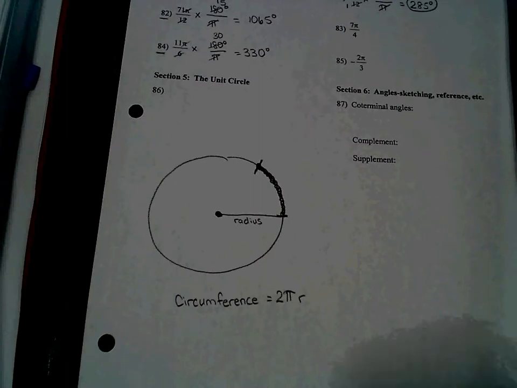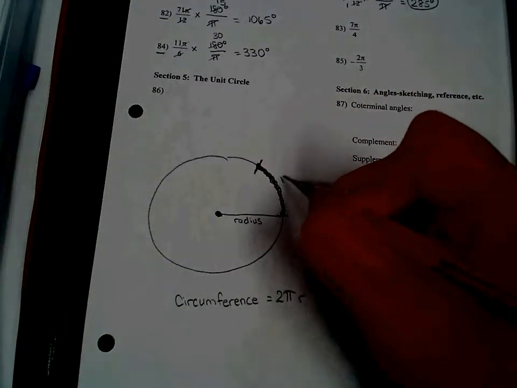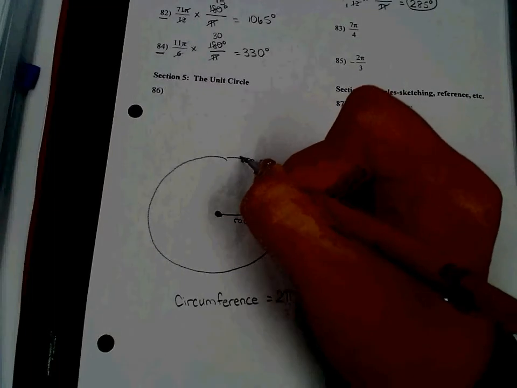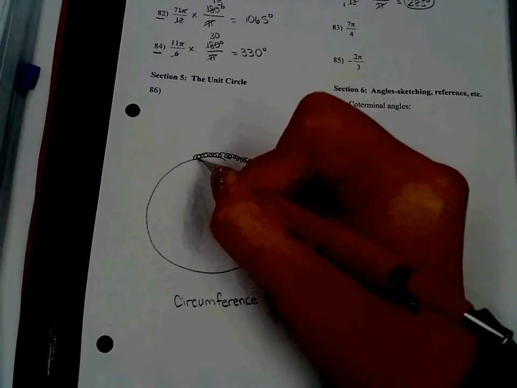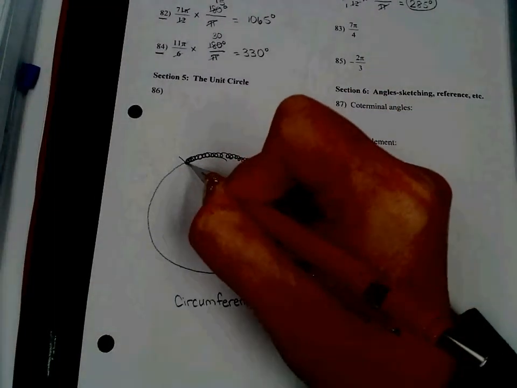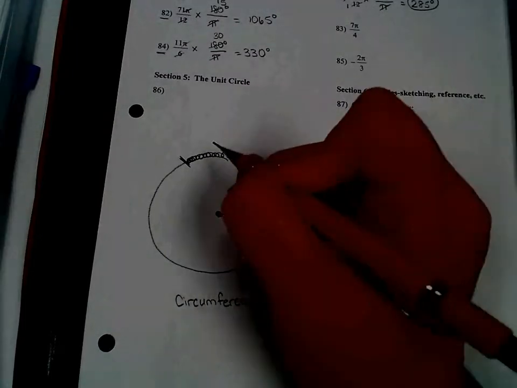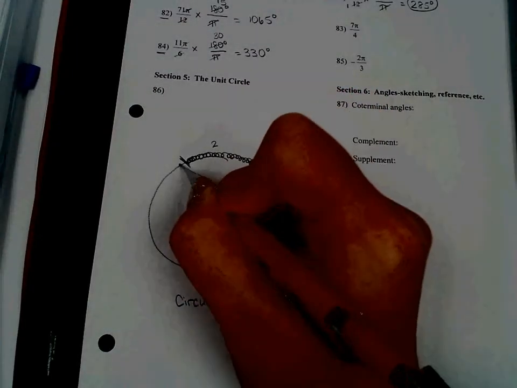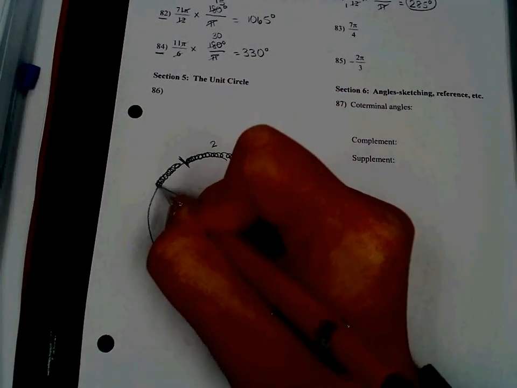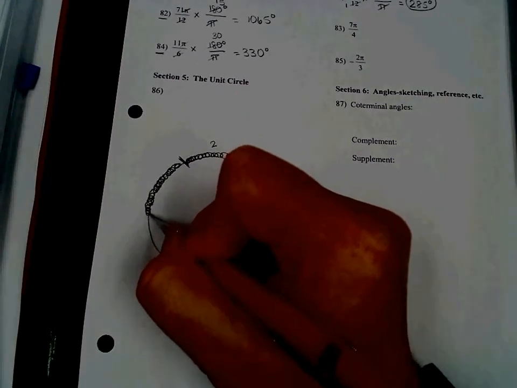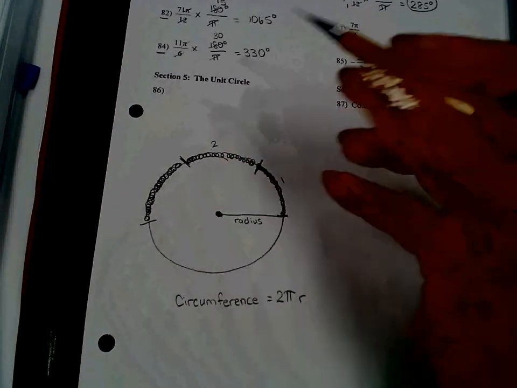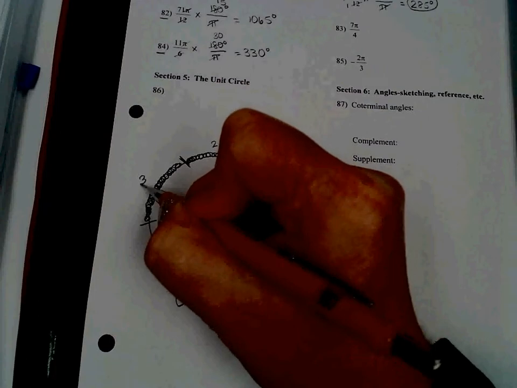Okay, then the second radius would go to about right there. Then if I were to still take my little piece of yarn and lay on the radius, the third radius would end up about right there.